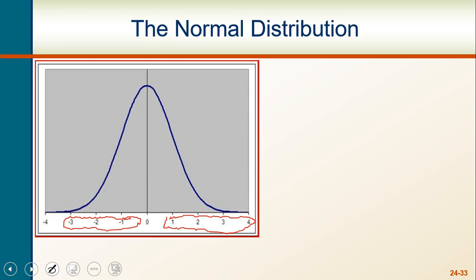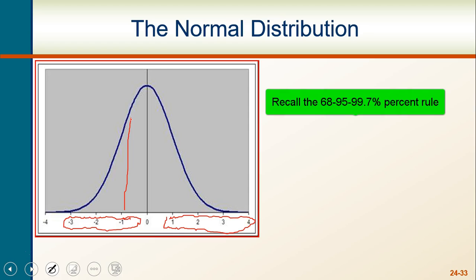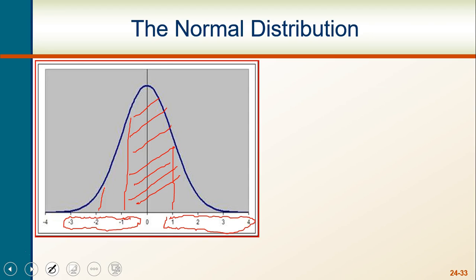So this is one standard deviation to the left of the mean, this is one standard deviation to the right of the mean, and 68% of the total data is in this particular area. 95% of the data is within two standard deviations, so this is the -2 standard deviation mark, this is the +2 standard deviation mark from the mean, and this entire area includes 95% of our information. And almost the entire information, 99.7% of it, is within the 3 standard deviations on either side of the mean.